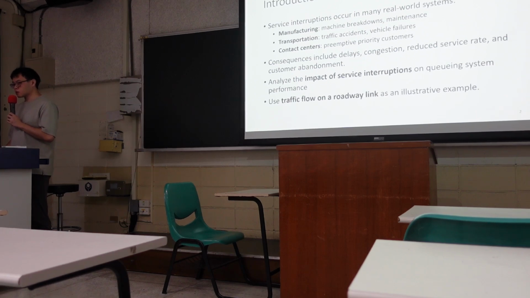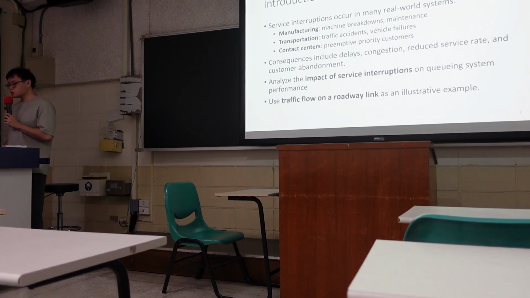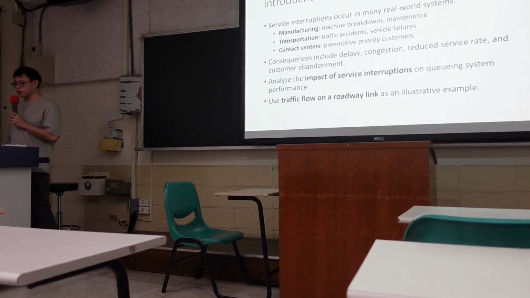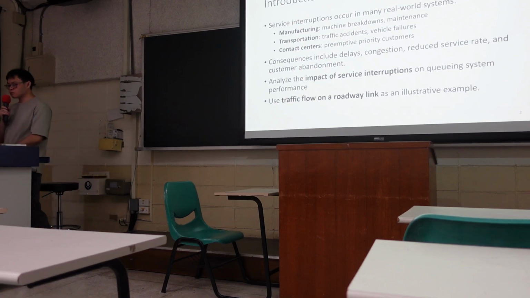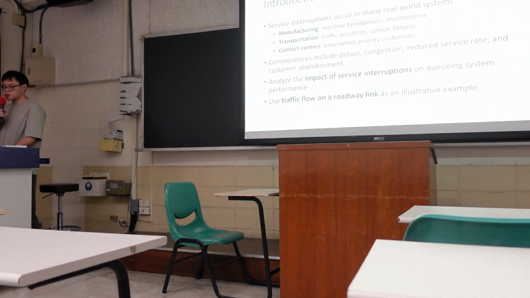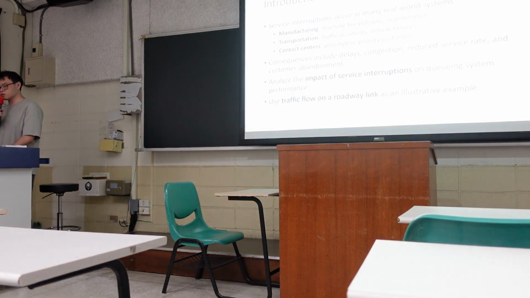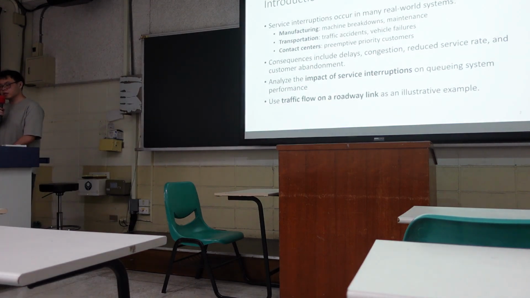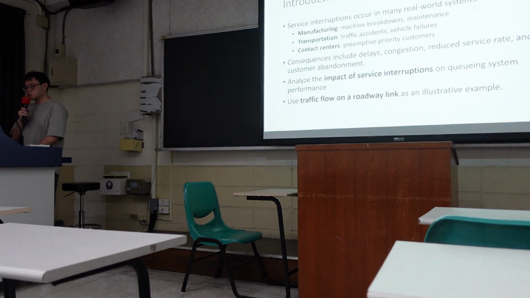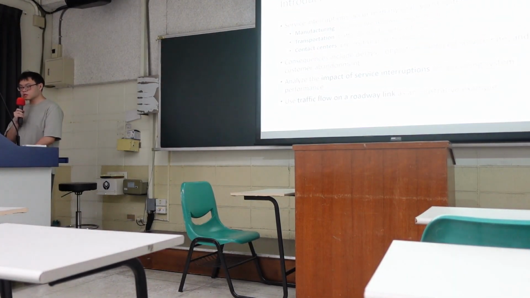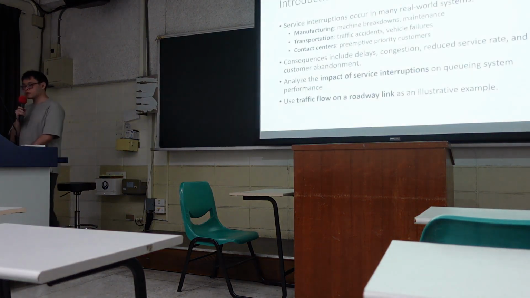And in contact centers, they can result from the priority servicing of higher priority customers. These interruptions don't just pause operation, they lead to serious delays, system congestion, reduced service rate, and even customer abandonment.